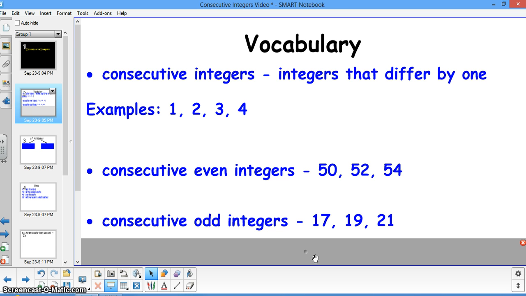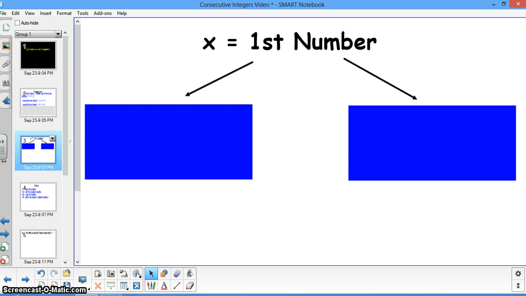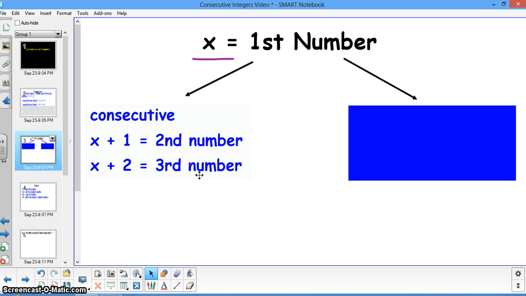When you're starting problems that have consecutive integers, the first thing you need to know is x is always the very first number. Again, x is always the first number. You've got to give it a value. There are two types we'll take a look at. First is just consecutive. In this case, you'll say x plus 1, which will be the second number, x plus 2, which will be the third number, because again, consecutive integers differ by 1.